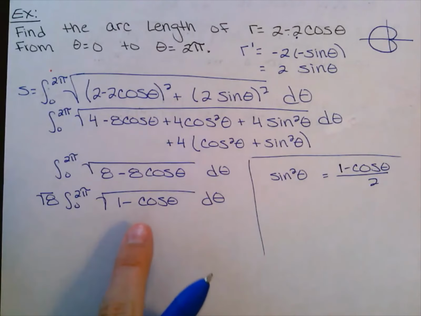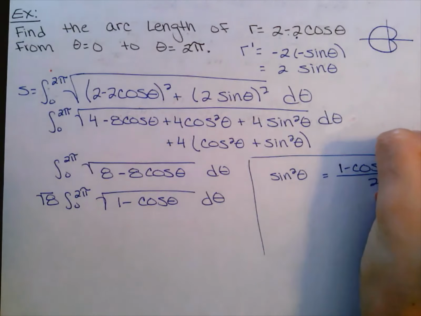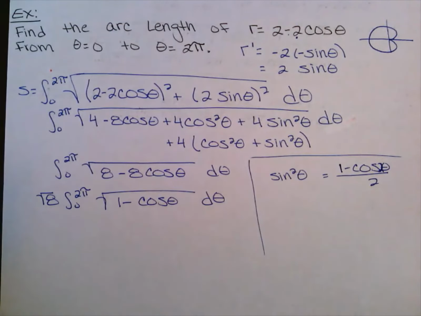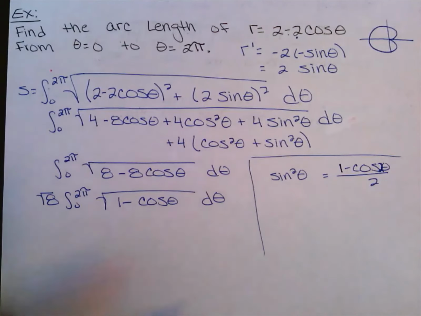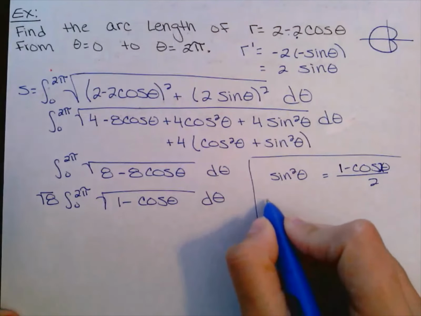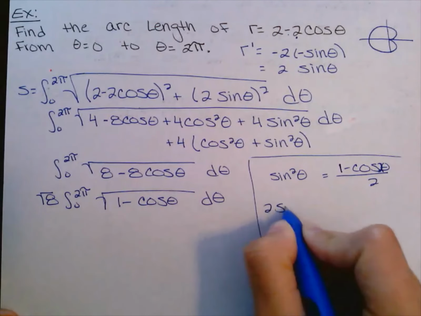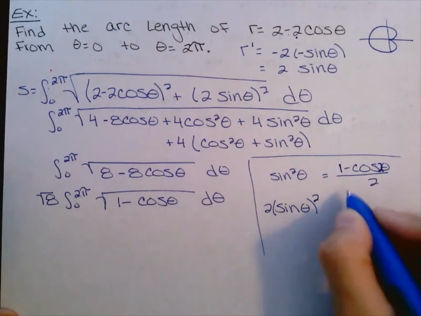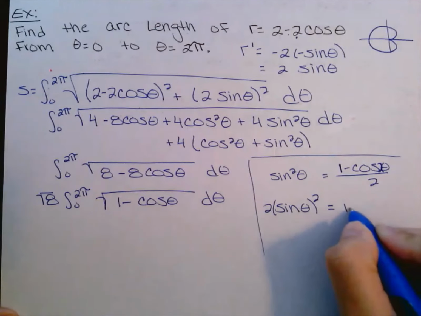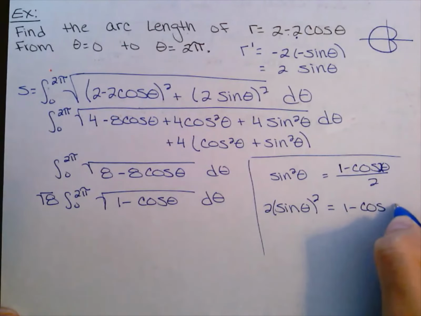I'm sorry, a 2 theta. There is a 2 in there, which I will be able to get rid of, okay? So if I can isolate a 1 minus cosine theta, I can replace it. Let's multiply that 2 to the other side. 2 sine, and I'm going to go ahead and put the squared on the outside already, equals 1 minus cosine of 2 theta, okay?